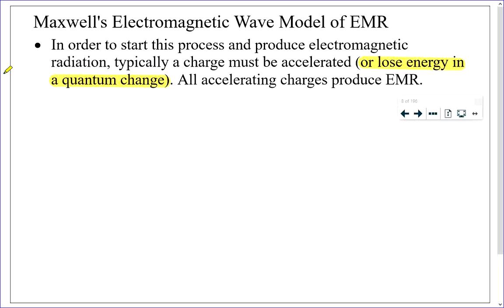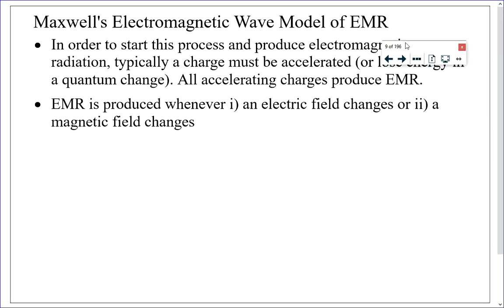Or in the case of X-rays, and I'll go over all of these forms of EMR in a second, but X-rays are produced by a high-speed electron suddenly being stopped by a metal target. So that is considered a quantum change. All of that energy is lost in an instant, and it changes into, well, an X-ray photon. So again, whenever you have an electric field that's changing or a magnetic field that's changing, you will produce EMR.